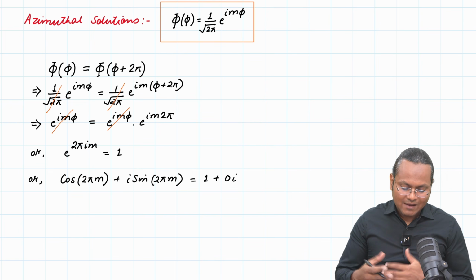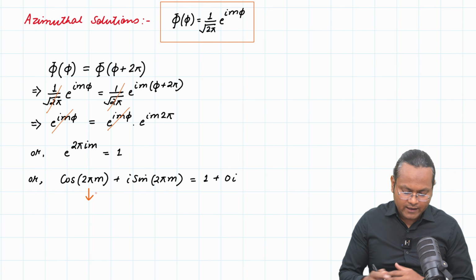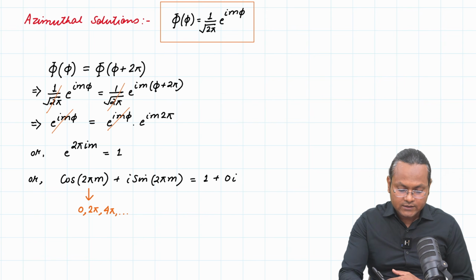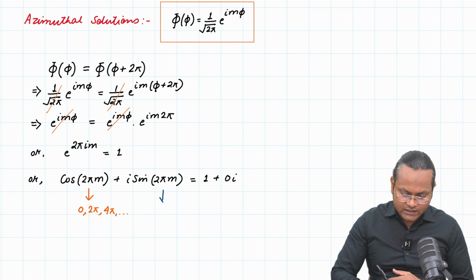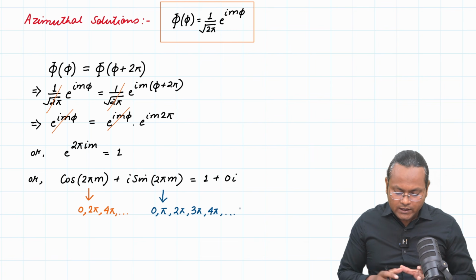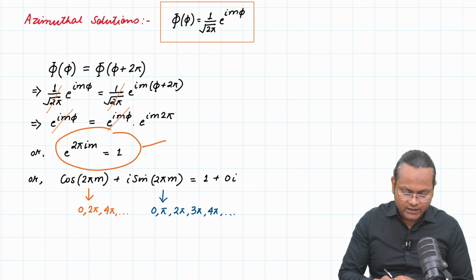Here cos something equal to 1 will give us solutions where 2 pi m is either equal to 0, or 2 pi, or 4 pi, and so on. While on the other hand, sine something will give us 0 for solutions where 2 pi m is equal to 0, pi, 2 pi, 3 pi, 4 pi, etc. So we will only consider those solutions that satisfy this particular equation.